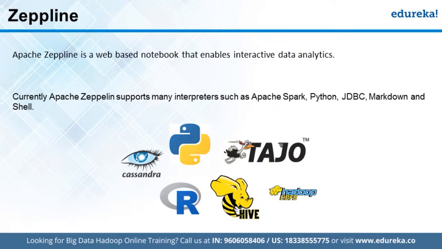Like many of you would have heard about Jupyter Notebook, which is used for Python, similarly Zeppelin is used for Spark, and SQL queries directly against Spark SQL. It can also give you visualization in charts and graphs.